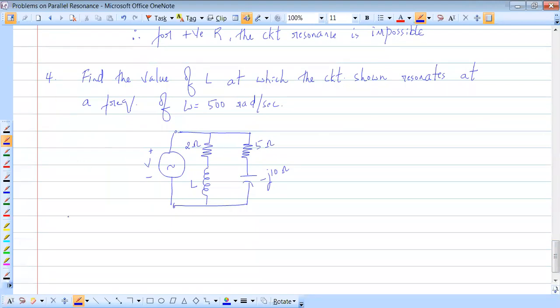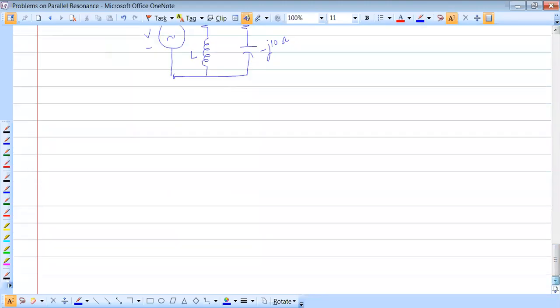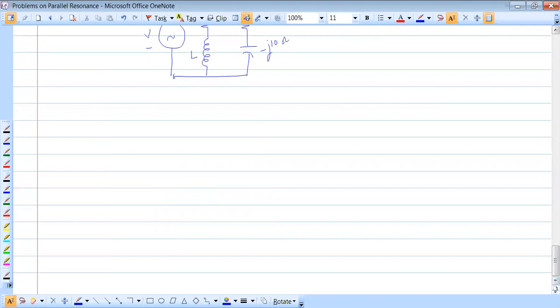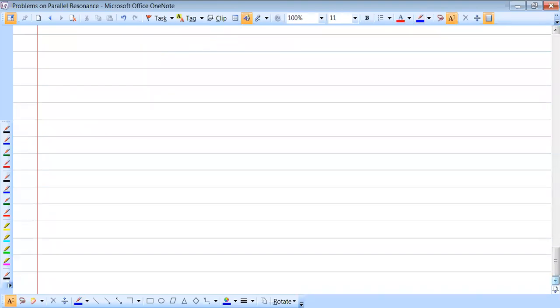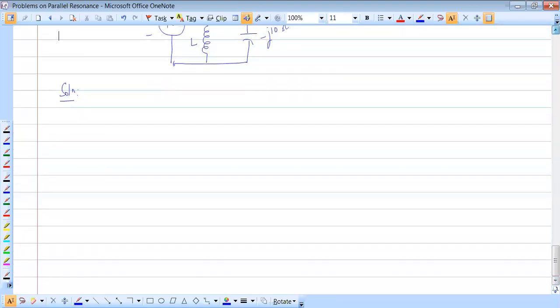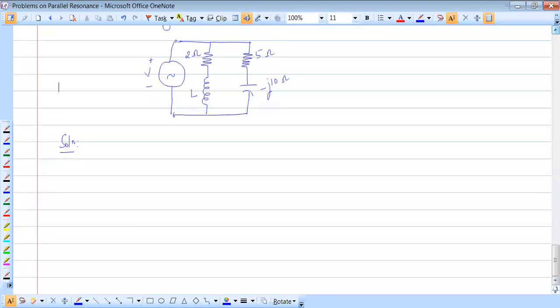Let's consider this. Everybody with the solution. What are we going to have? What is the admittance there? Total admittance is Y. There are two branches.